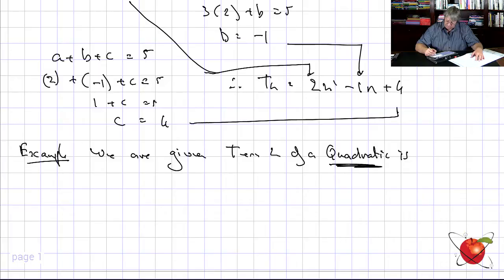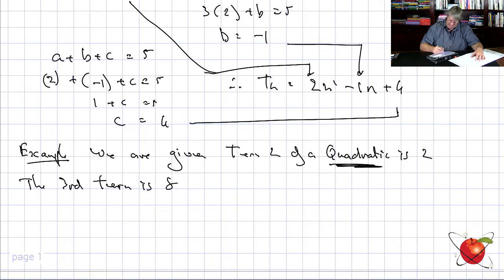They've told us it's quadratic, which means Tn, general formula, and second level difference is the same. They're all equal. Quadratic is 2. The third term is 8. And the fifth is 26. What are T1 and T4?